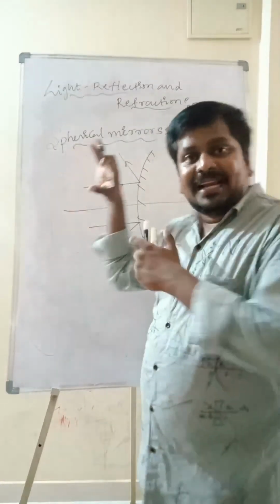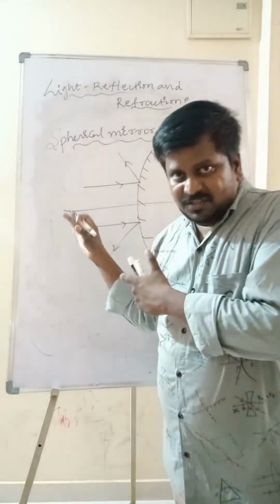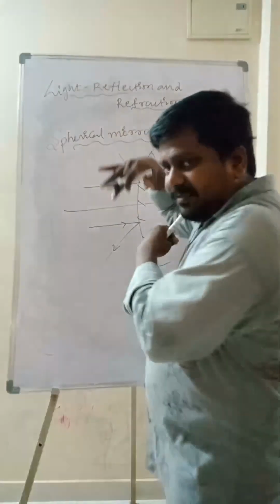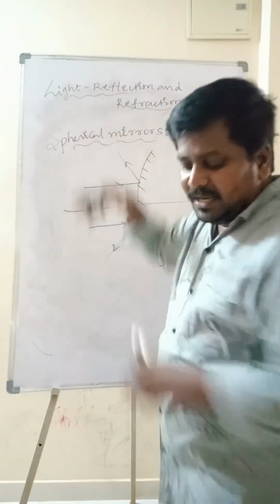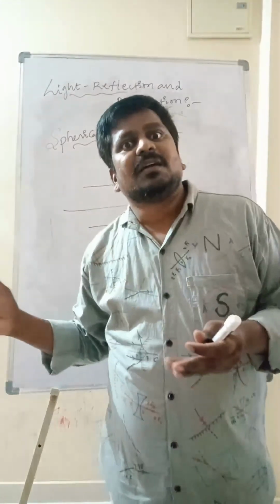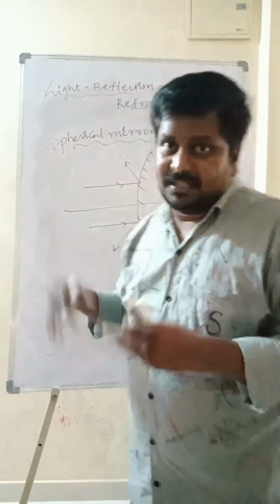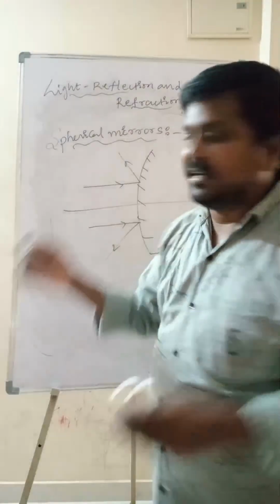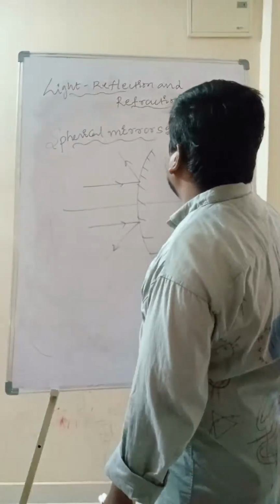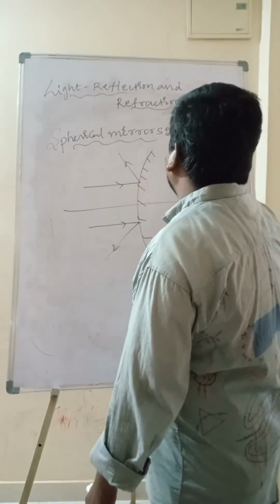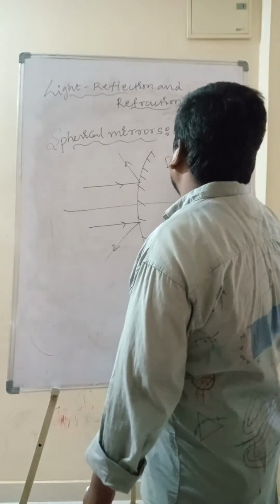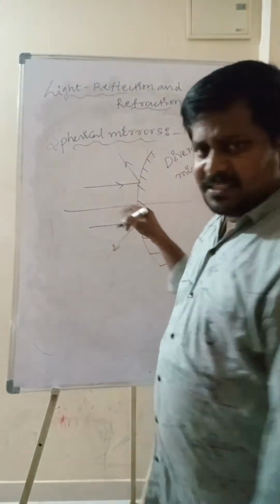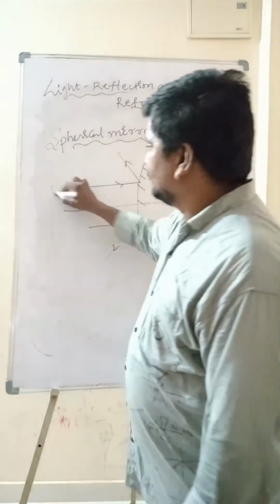Whenever light rays fall on it, the reflected light rays are moving away from it. That's why it is called a diverging mirror.